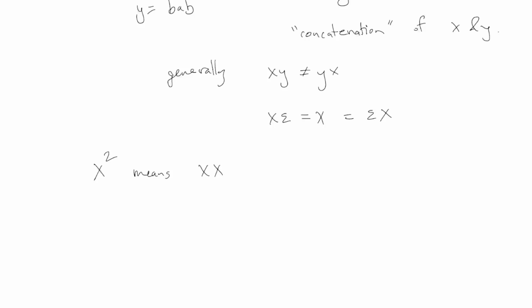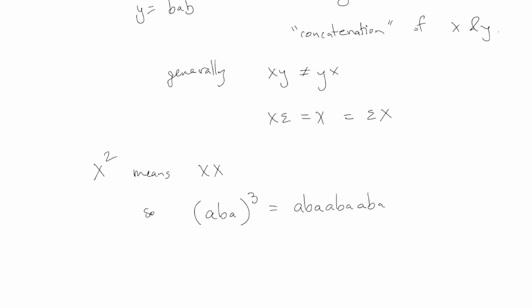X to the 4 means XXXX, no funny business here. For example, ABA to the third would be ABA, ABA, ABA. This is powers of a string.